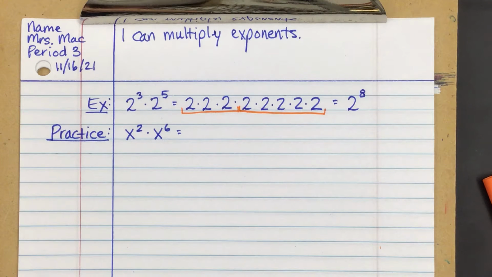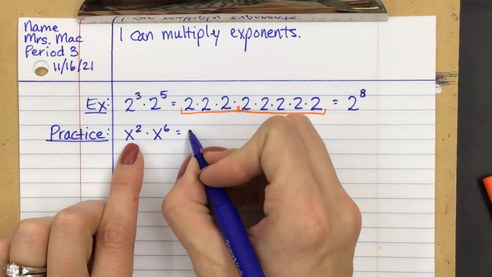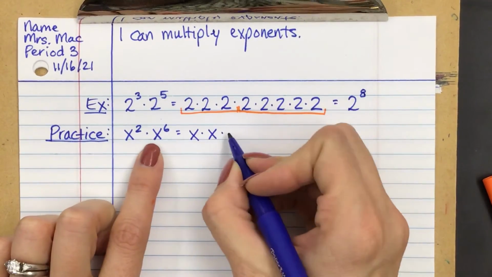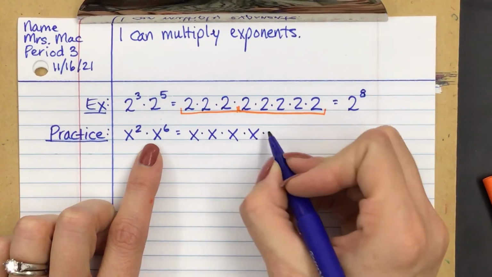Okay, what did you get? X to the? Fabulous. Okay, so we had our 2 x's for the first one and then 6 x's for the second one.